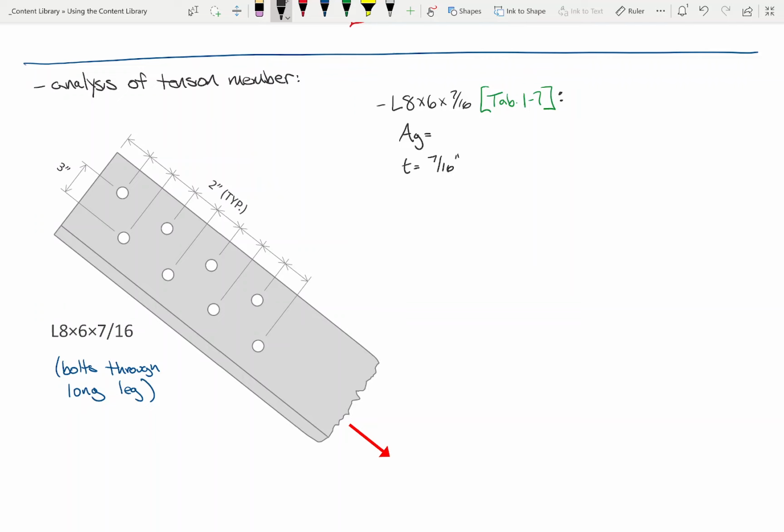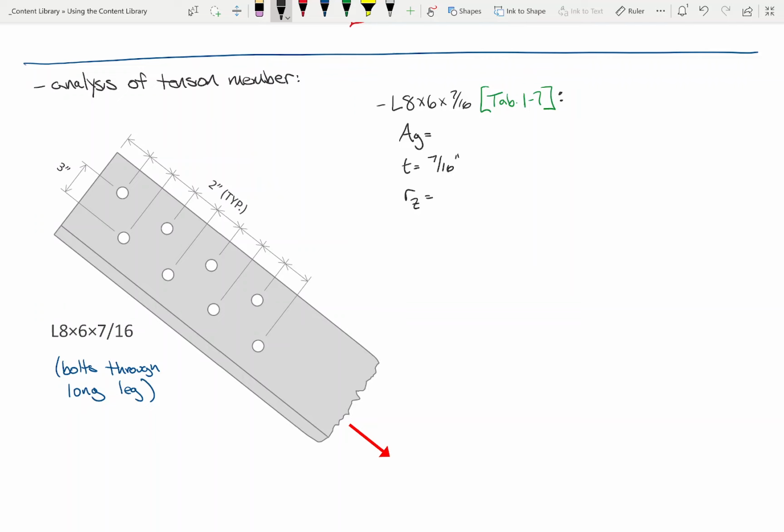Rmin. For an angle, which is that? Rx, Ry, or Rz? It's always going to be Rz for an angle. We'll get the values here in a second. What else am I going to need? I'm missing one.